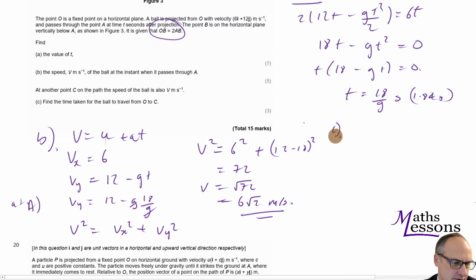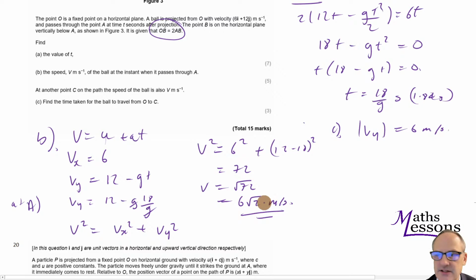at another point C on the path, the speed of the ball is also v meters per second. Find the time taken for the ball to travel from O to C. So basically, what we know is that the x doesn't change, so the velocity of y is the only thing that changes. So for it to be exactly the same speed, the magnitude of vy must equal 6 meters per second.